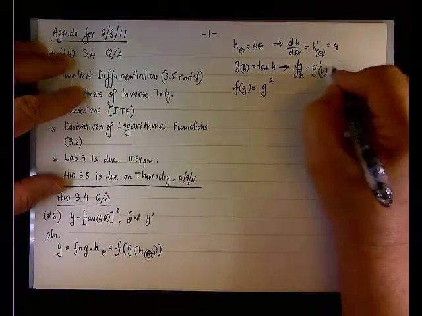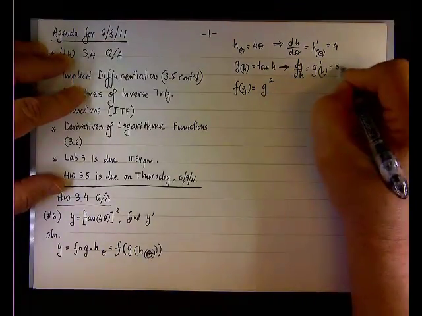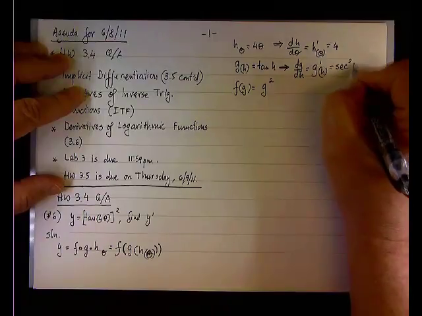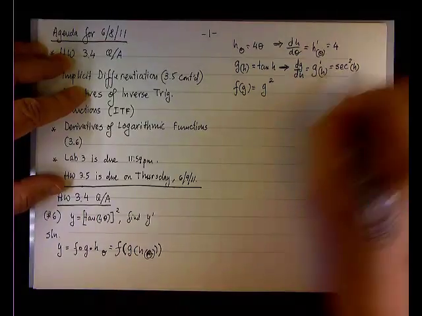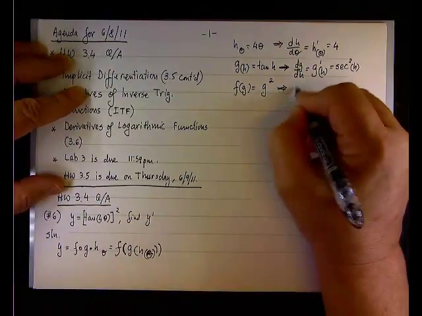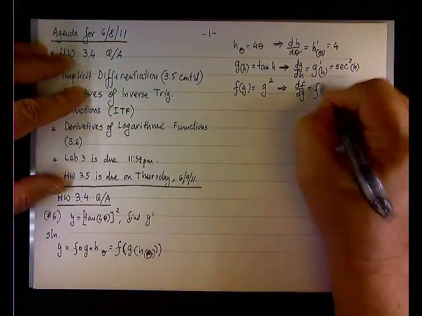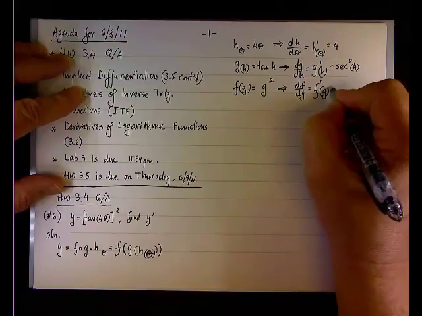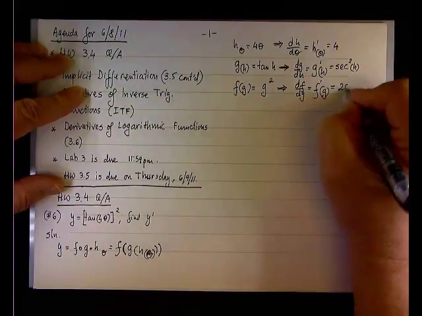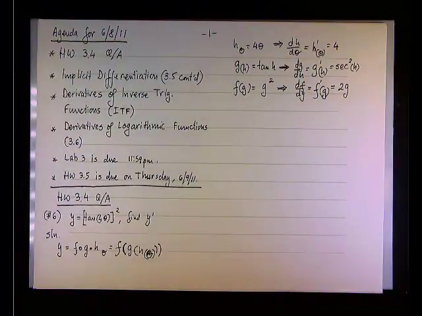Well, the derivative of the tangent is the secant squared, so the secant squared of h. And finally, df dg, or f prime of g, if you prefer the prime notation, will be simply 2g. All right, so we have now all the components.